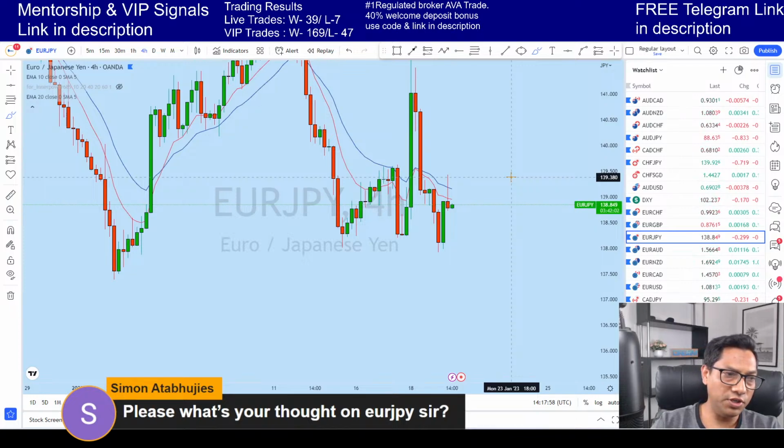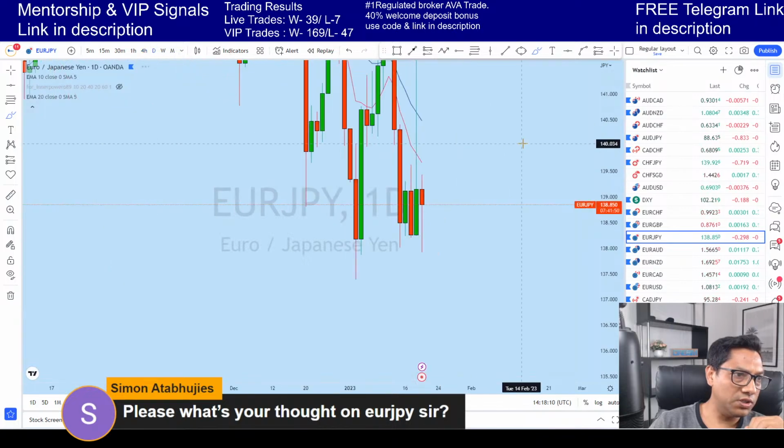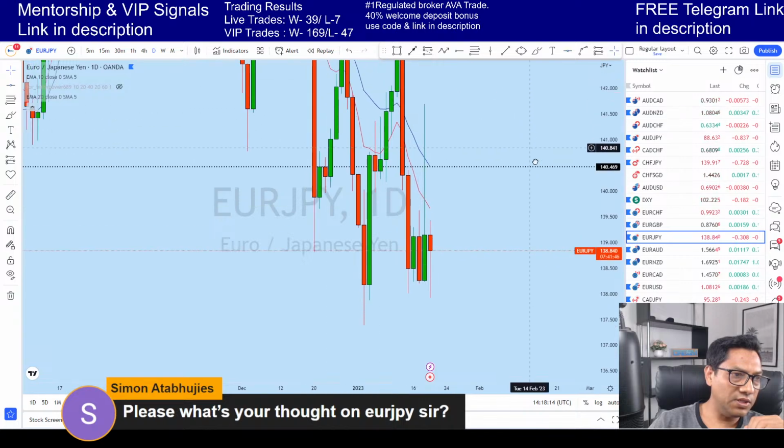So looking at EURJPY now, I think this market will go up to this daily 20 MA. Let me draw this level where we can find the price to revisit that zone.